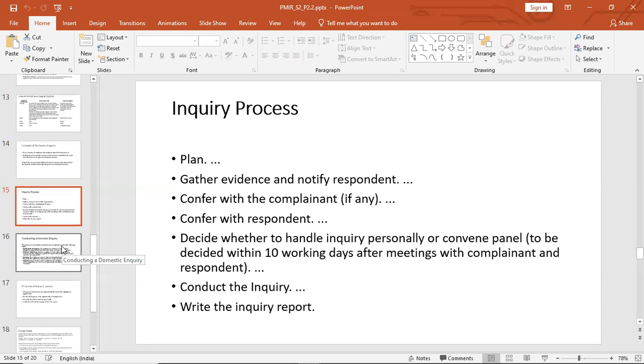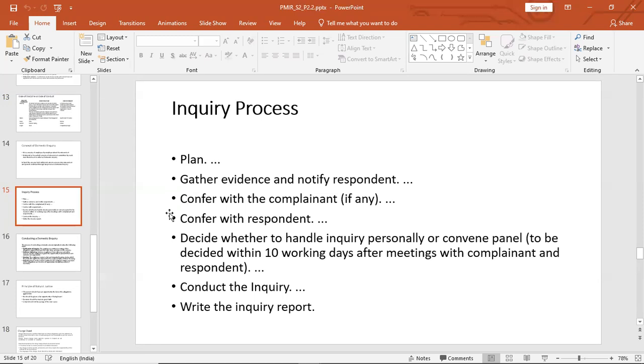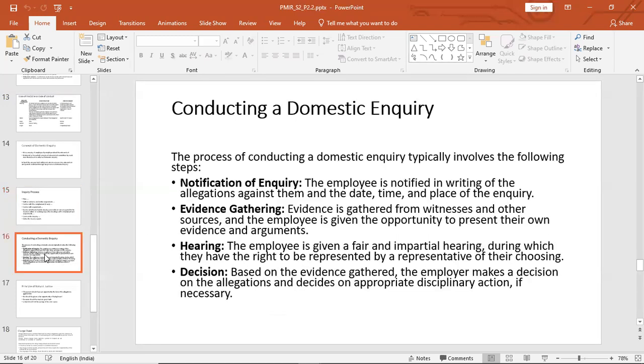Suppose someone has made some mistake or caused some conflict. You have a committee to do the inquiry within the organization. What is the process, what do they do? We studied that.